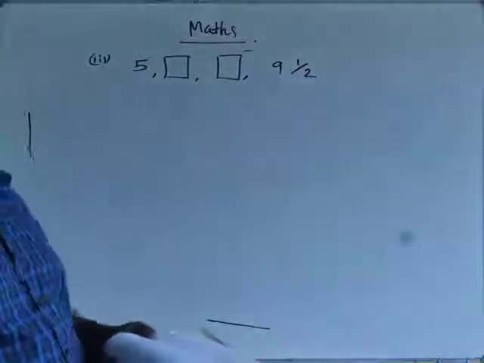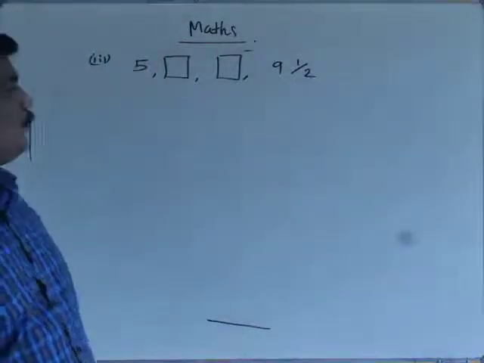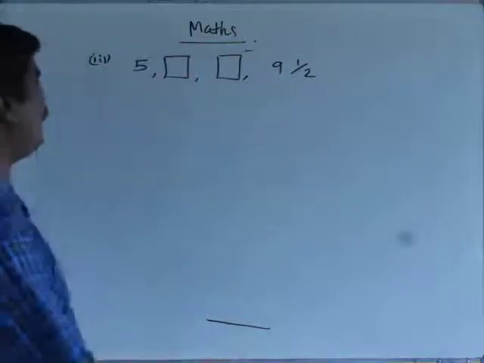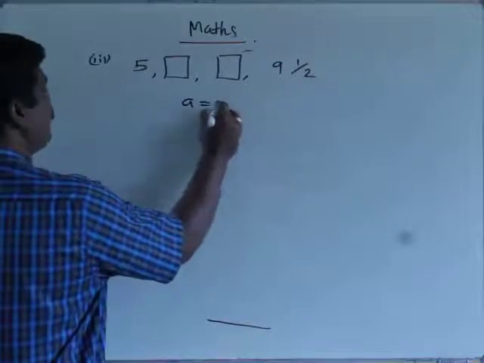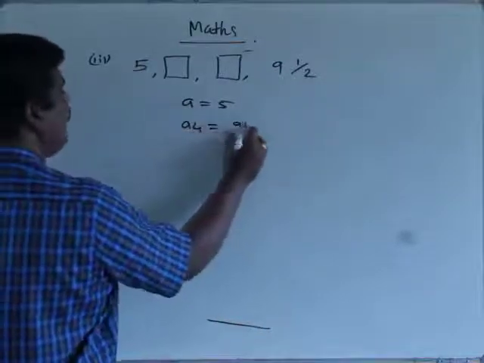So here first term and fourth term are given. You have to find out the second and third term. So here A is equal to 5. First term is 5. Clear? And also given fourth term, A4, it is 9.5.